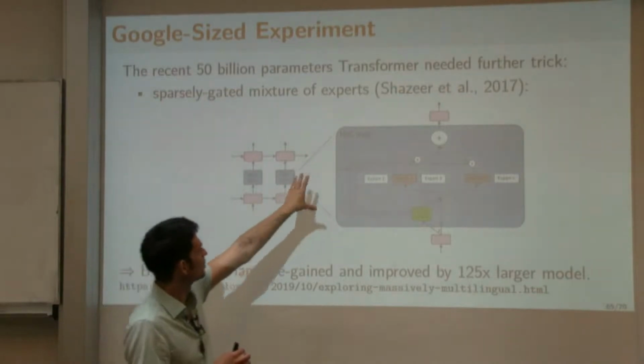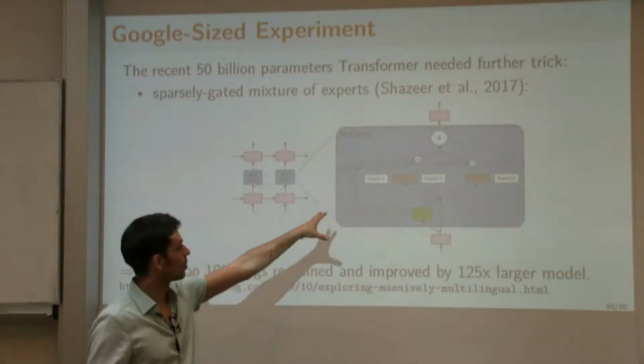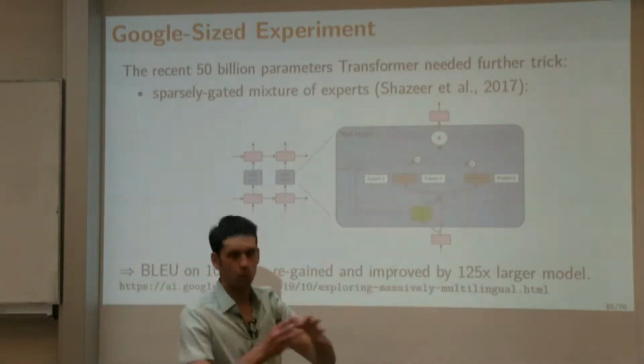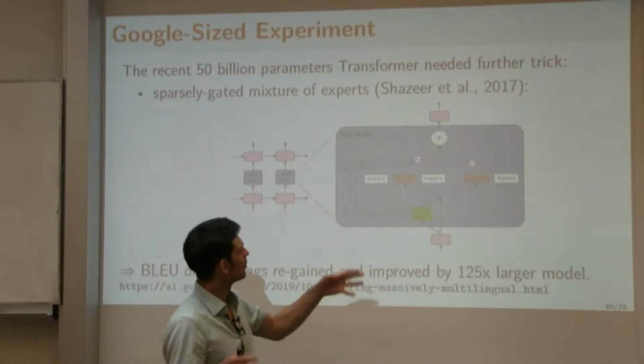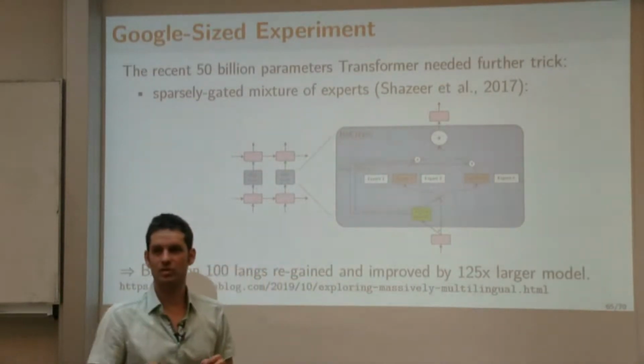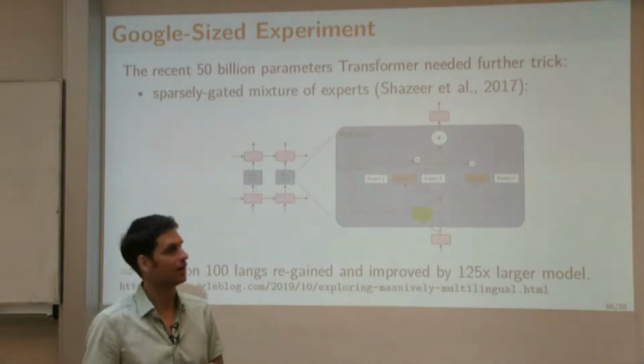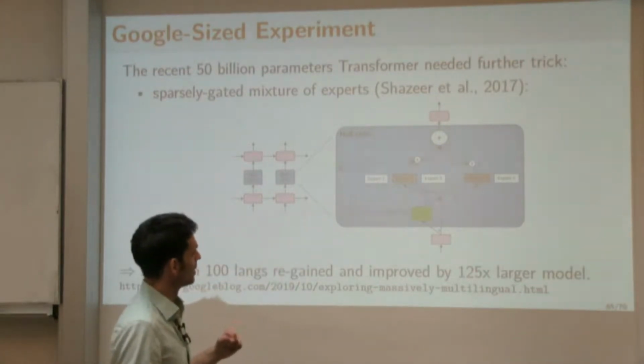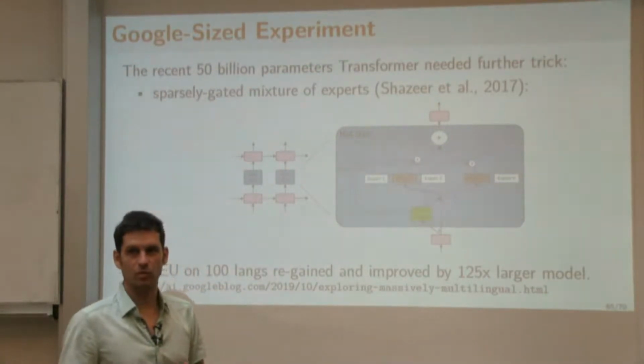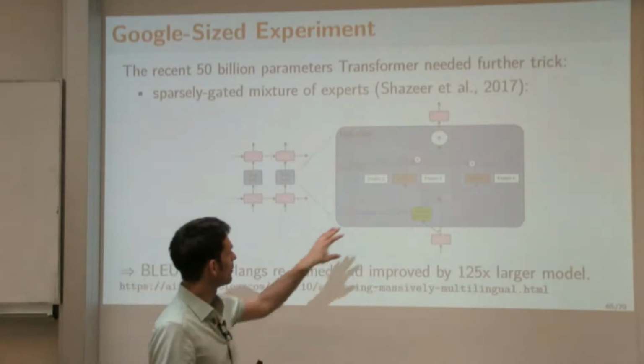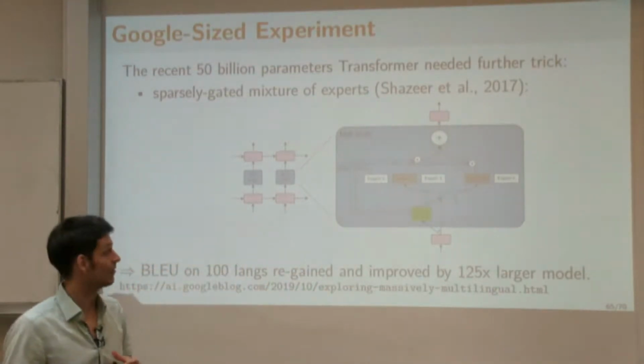This mixture of experts layer will consist of a large pool of experts, and only a subset of them will be used for each particular input sample. And which experts to use is something which the network will learn by itself again.